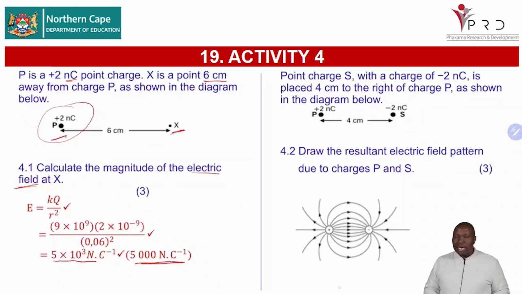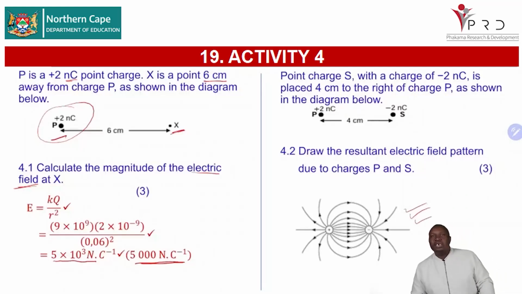Hence our arrows are like that. So 1 mark for the shape, 1 mark for the arrows for the direction of the electric field, 1 mark for the lines not touching, and 1 mark for the lines touching the sphere there. So that is the 3 marks that we got there.